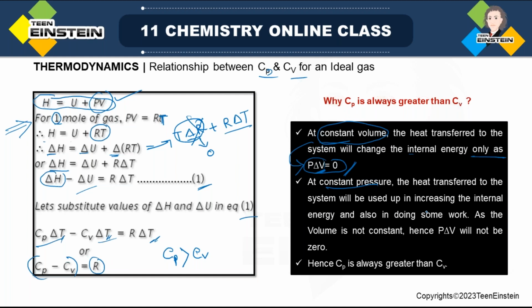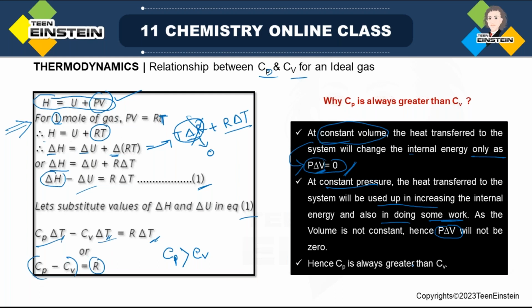But when it is constant pressure, the heat transferred to the system will be used up for two purposes. One is increasing the internal energy, and also it will do some work, because now the volume is not constant. So the P del V term is not zero.